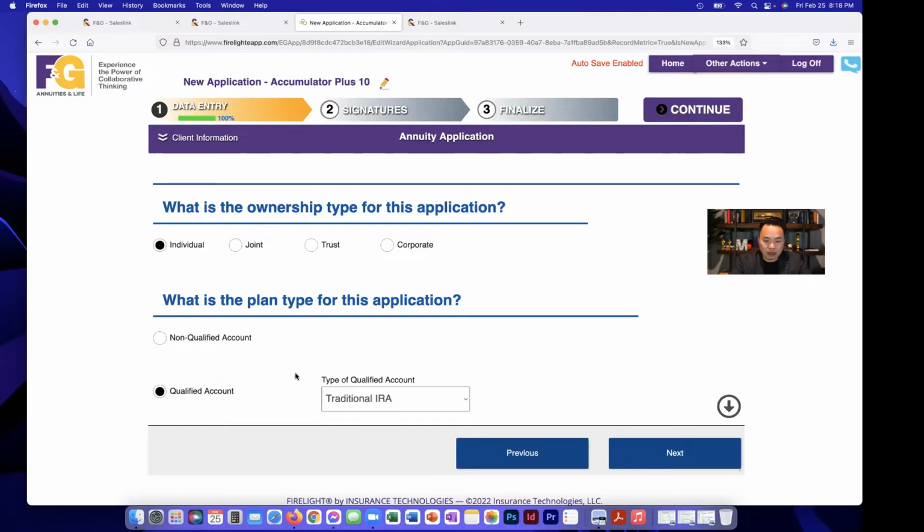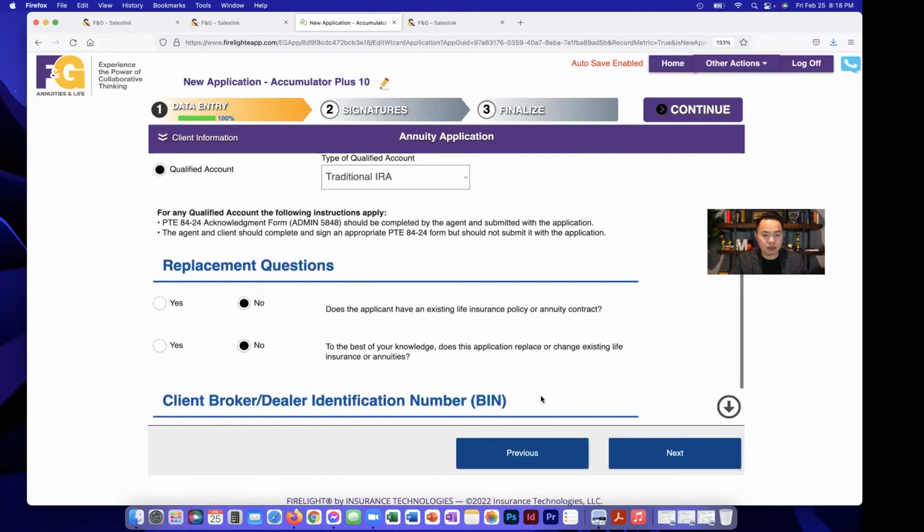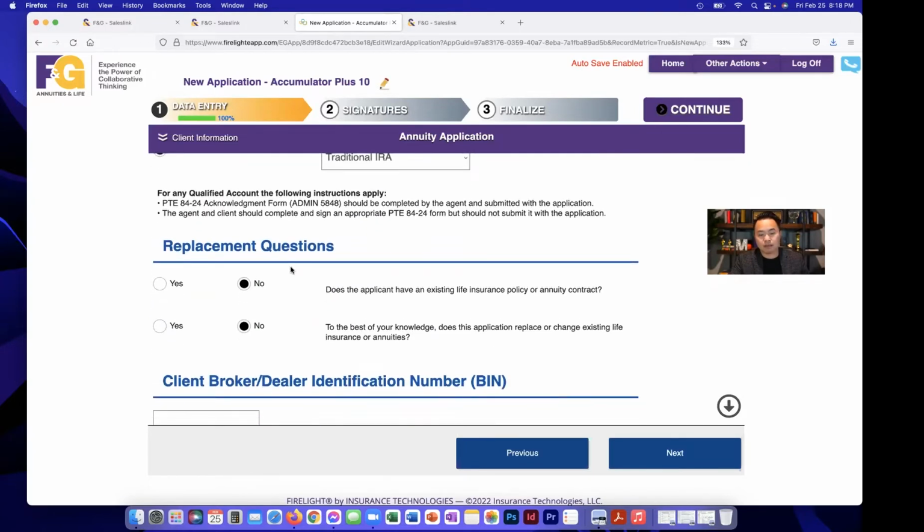Okay, then type of qualified accounts, traditional IRAs. Okay, because you don't have much to go off from here. You either have SEP IRA, Roth IRA, 403b, TSA, or inherit IRA. So just traditional IRA. Replacement, I put no, because most people will not do the replacement, we will get rolled over.